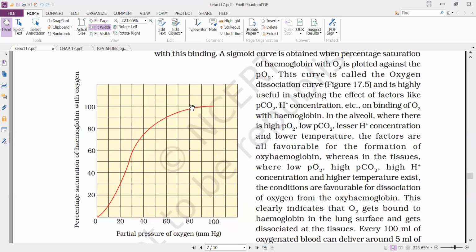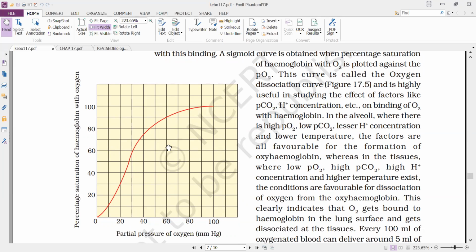After reaching a certain point, once all the hemoglobin molecules are completely saturated with oxygen molecules, even if you increase the partial pressure of oxygen, there is no further increase in the association of hemoglobin with oxygen. That is called the saturation point.